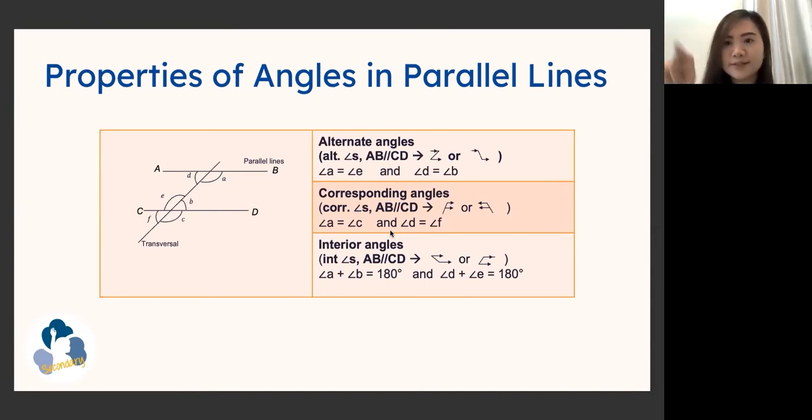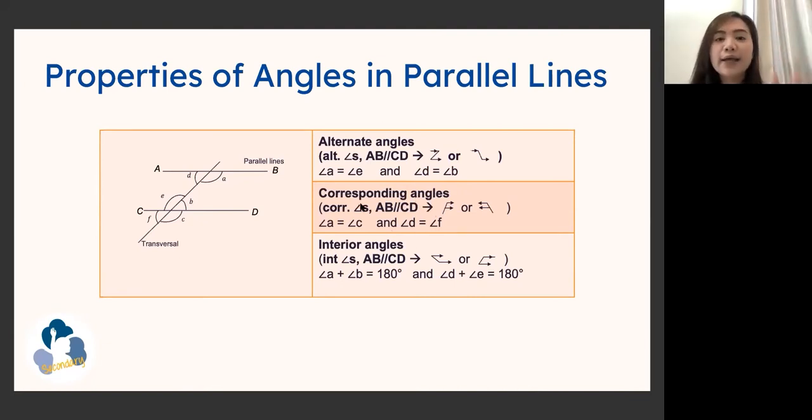You can use this sign to mean angle. We also have to write down which pair of parallel lines actually generate these angles. So in this case, AB parallel to CD. Because they are parallel, that is how we can have these relationships. So it's important to state which parallel lines actually give rise to the following properties.